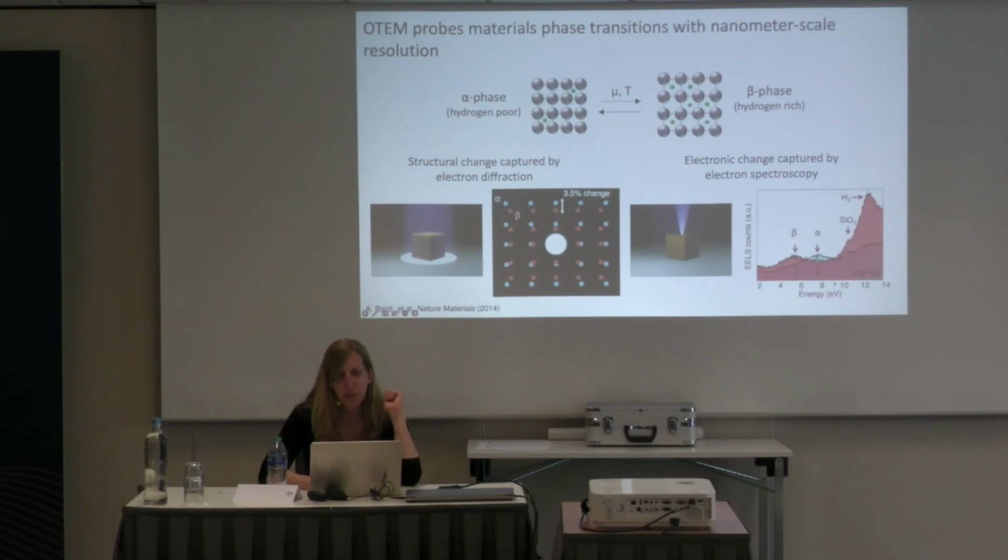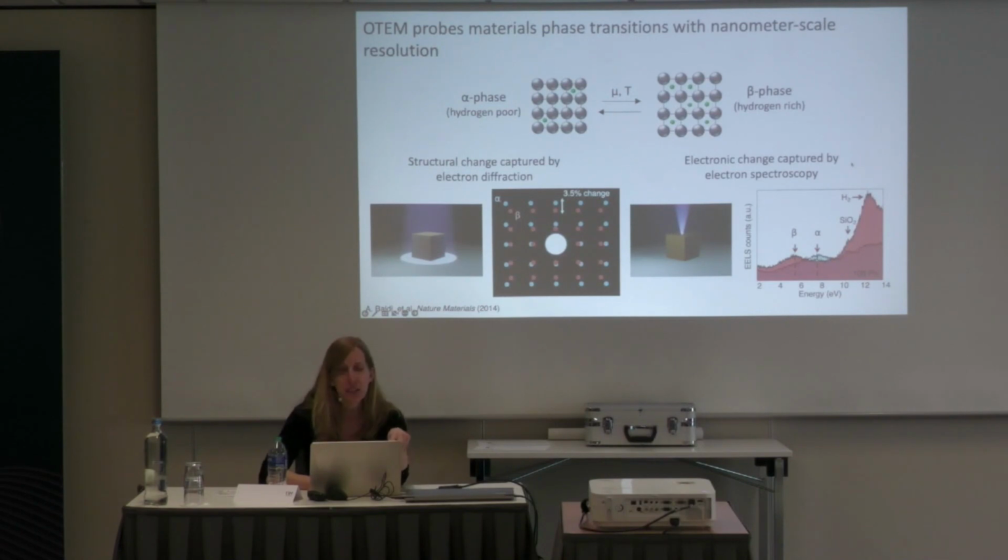In this case, we're looking at somewhat higher energy, so this is the bulk plasmon mode. As we go from no hydrogen, shown here in purple and blue, where we get the bulk plasmon mode at just under 8 electron volts, to hydrogen in the environment, there's about a 2 electron volt shift in that bulk plasmon resonance.